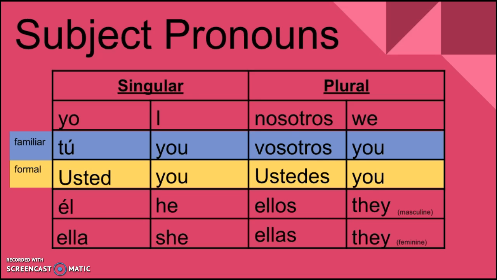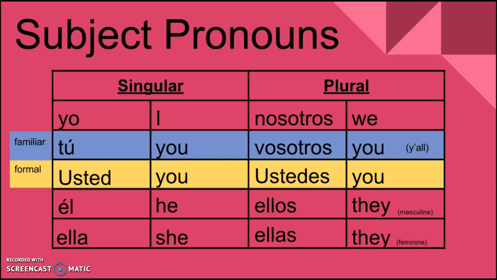Okay, now something I want you to keep in mind is that ustedes can also be familiar, and this is actually more common than the vosotros form. The way I look at it is vosotros is kind of like saying y'all. So it's you, but it's a group of people.